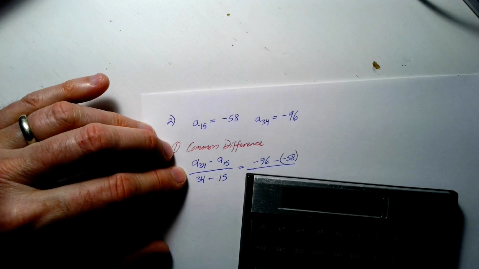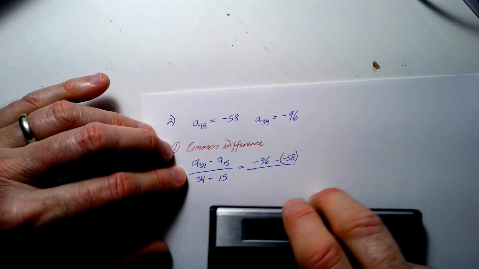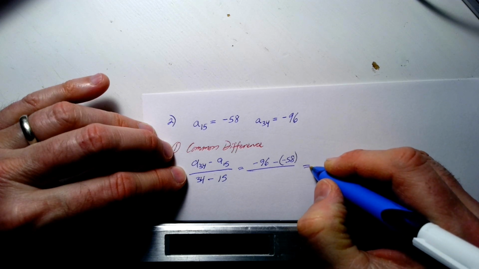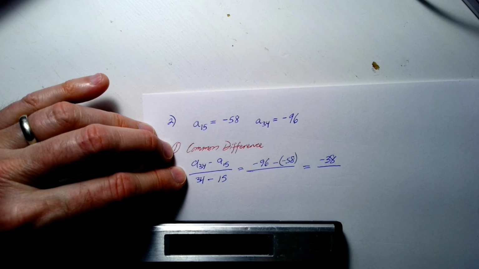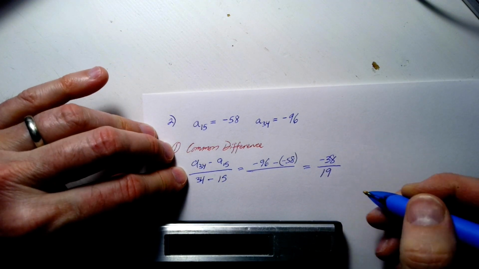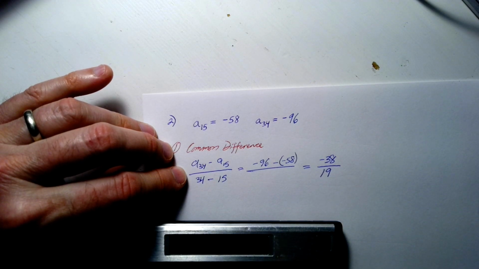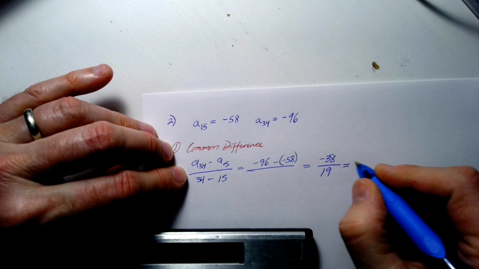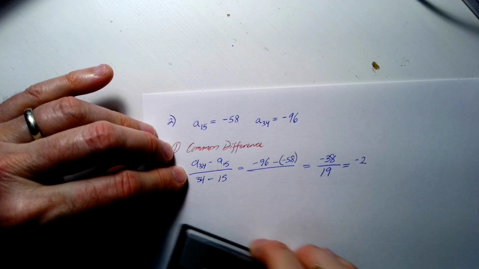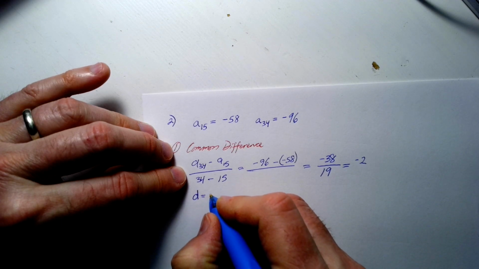Negative 96 subtract negative 58 gives us a negative 38. Then 34 subtract 15 is 19. So we have negative 38 over 19, which equals a negative 2 for our common difference. So D equals a negative 2.